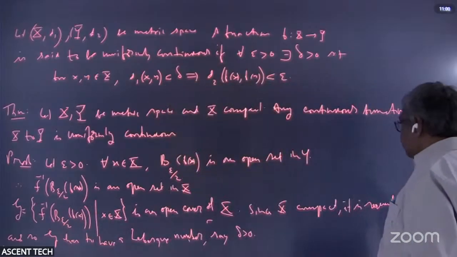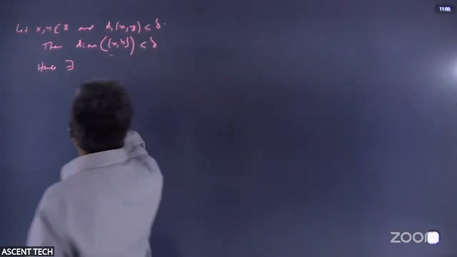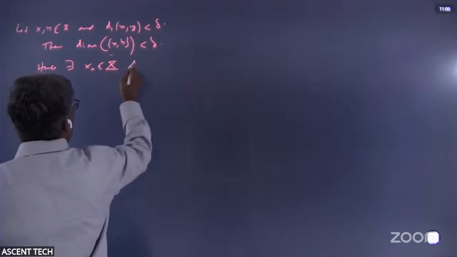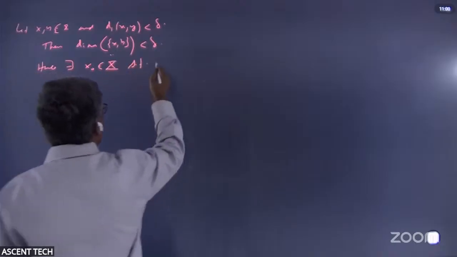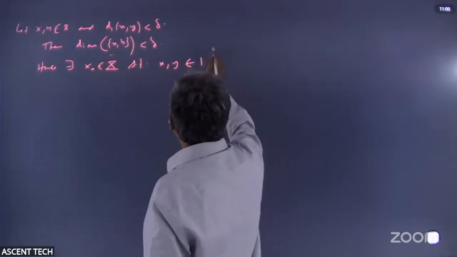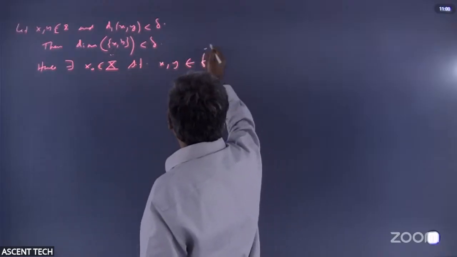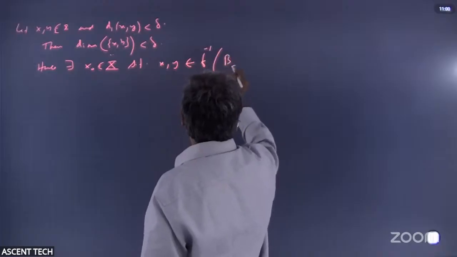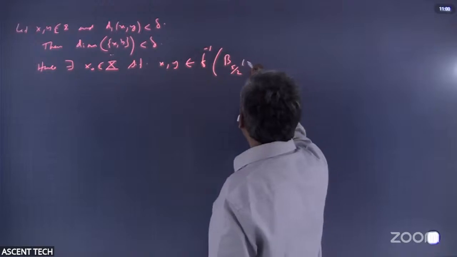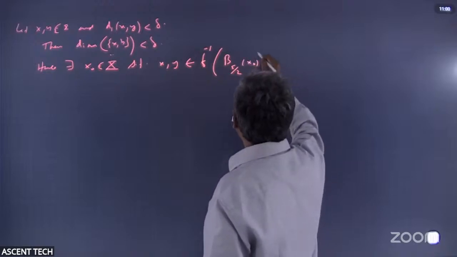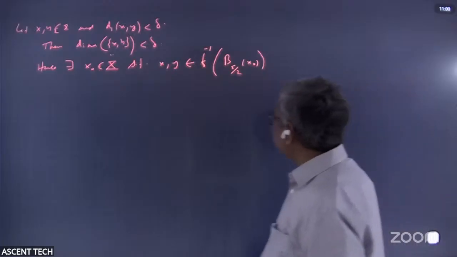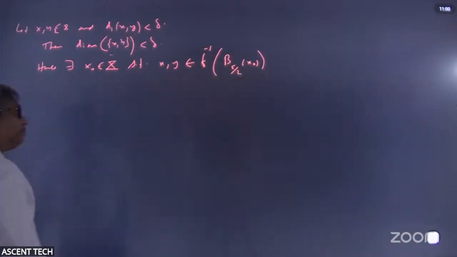So there exists maybe an x naught in X such that x and y both belong to f inverse of the ball of radius epsilon by 2 centered at x naught. Is that right?